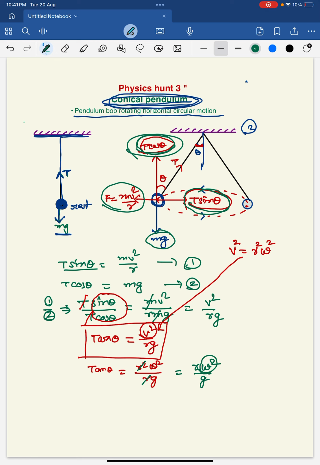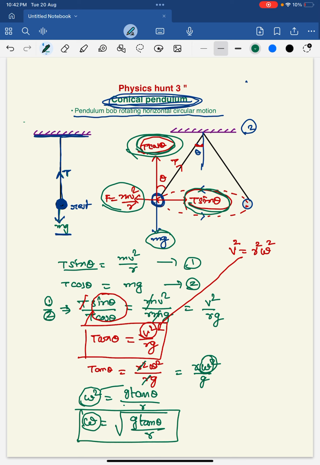From this, I am bringing omega square to the left side. Therefore omega square is equal to g tan theta by r. If you take the square root, omega is equal to under root g tan theta by r.